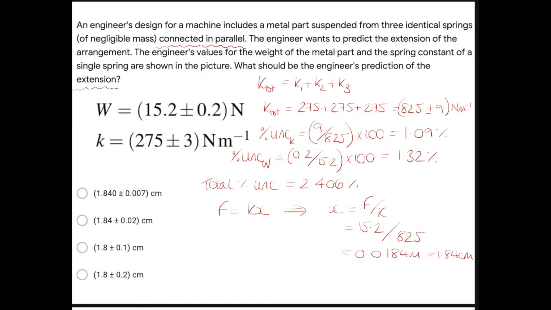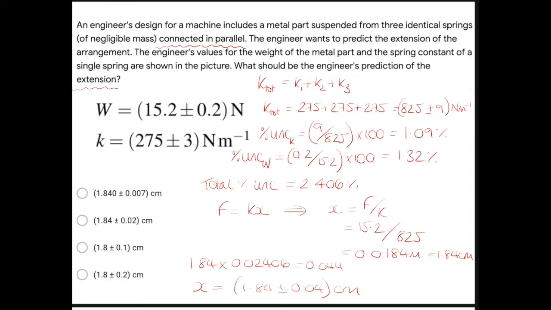So the last thing we now need to do is to work out 2.406% of that 1.84 centimetres. So 1.84 multiplied by 0.02406 gives us a value of 0.044, and therefore our value for x is going to be 1.84 plus or minus 0.04 centimetres.